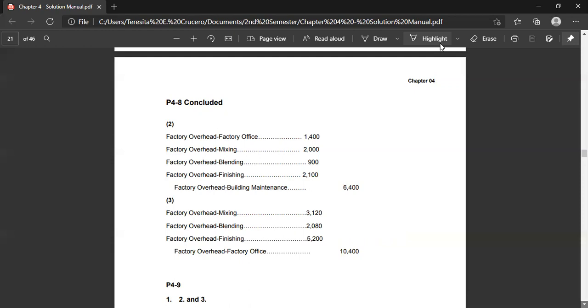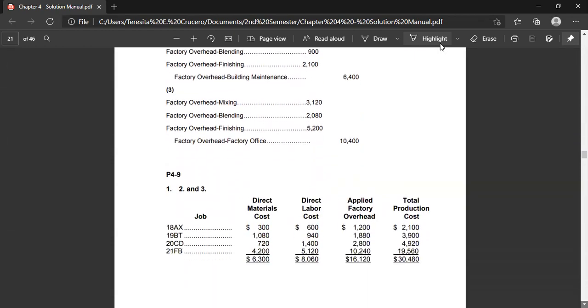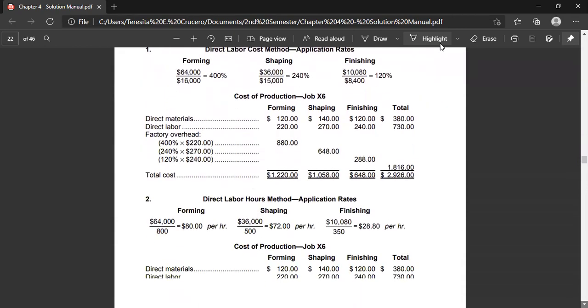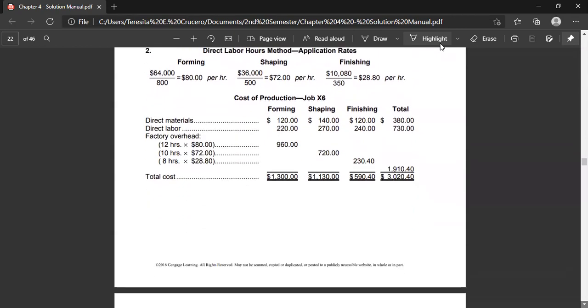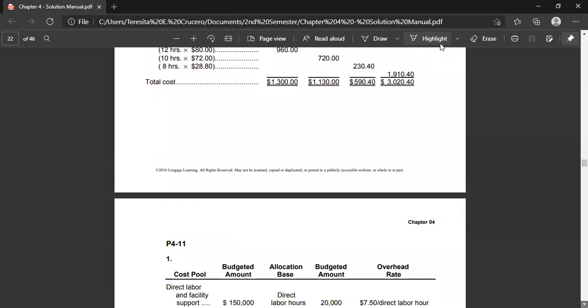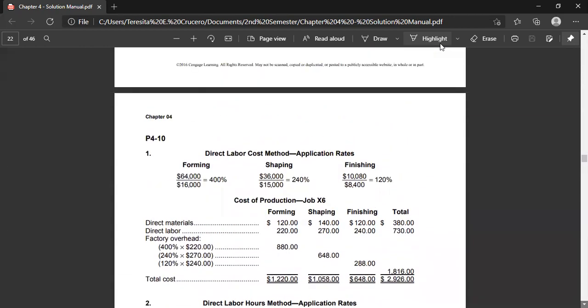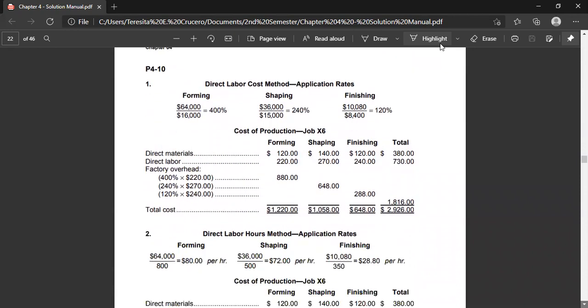Okay, next we go to problem for the 10. For the 10 has two requirements. For the 10, requirement in number 1: determine the cost of X6.